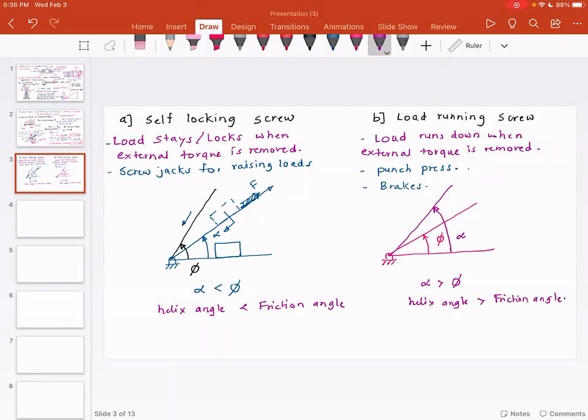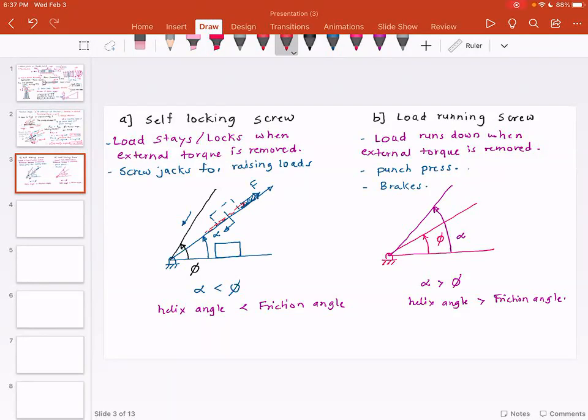Now there is a case that is possible in between. Consider a situation where you have a self-locking screw. And that self-locking screw, the way it is designed, in that case, your alpha is less than the friction angle. But something happens and this surface becomes super slippery. So maybe you add oil or something changes, there is some grease.